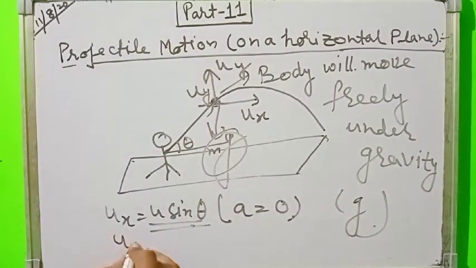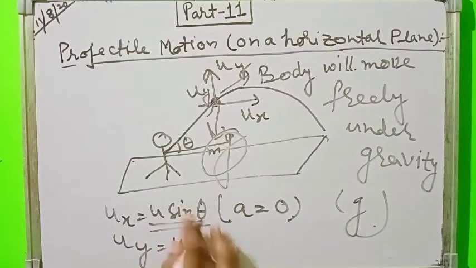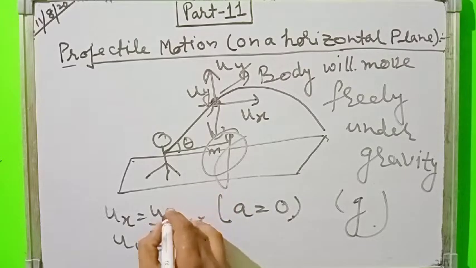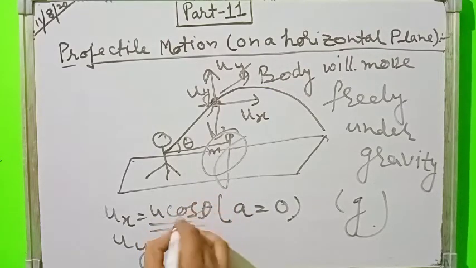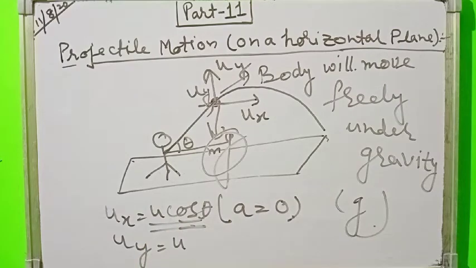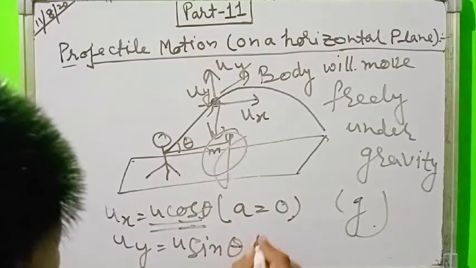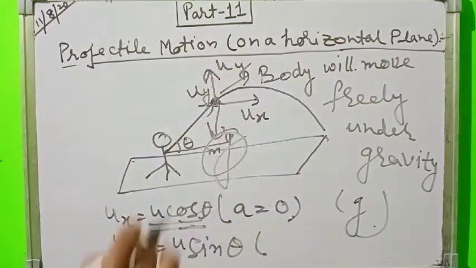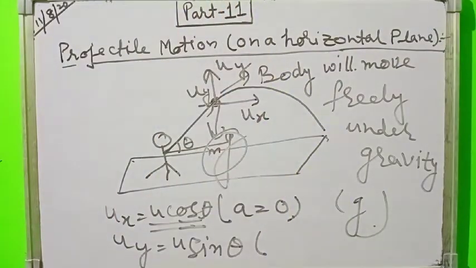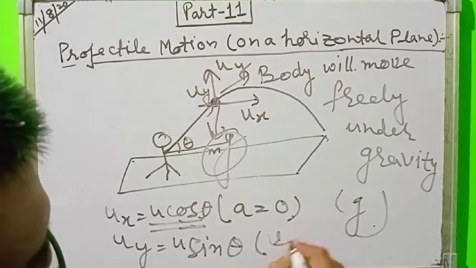Here ux is u cos theta, and uy is u sine theta, as we discussed in resolution of vectors. Now look here: if uy is along this direction and g is in the downward direction, then, as we studied in rectilinear motion, if acceleration is opposite to the velocity, the velocity decreases.